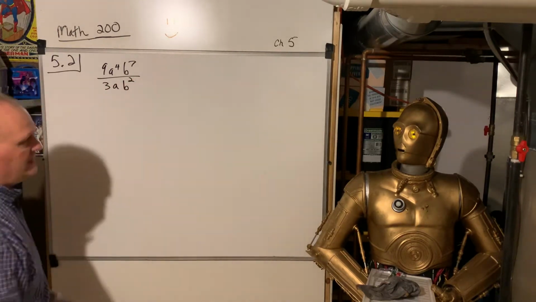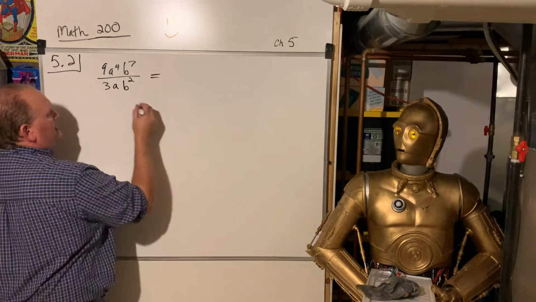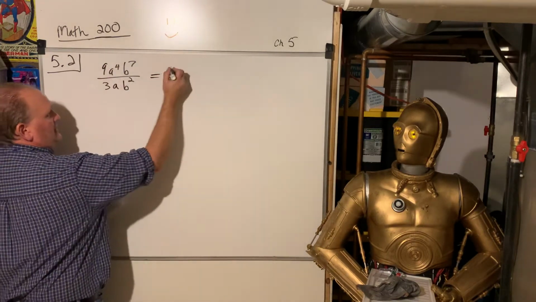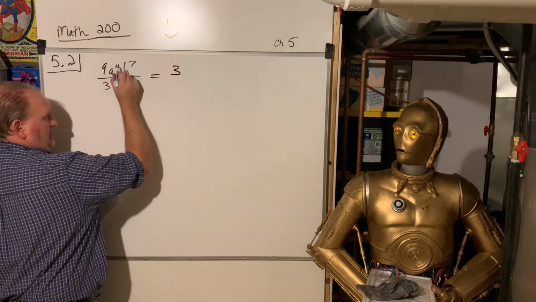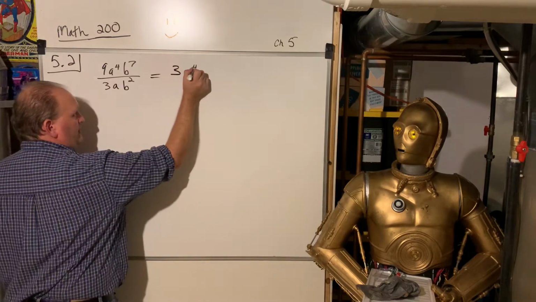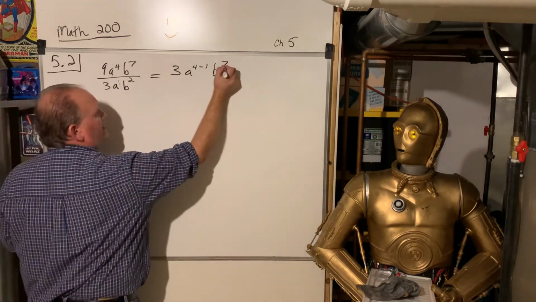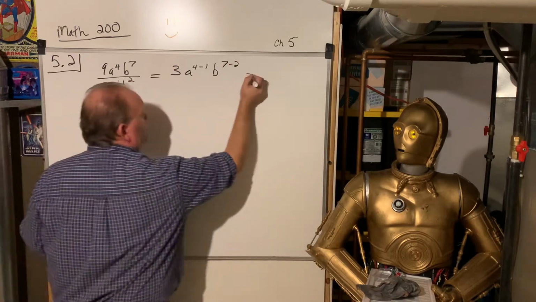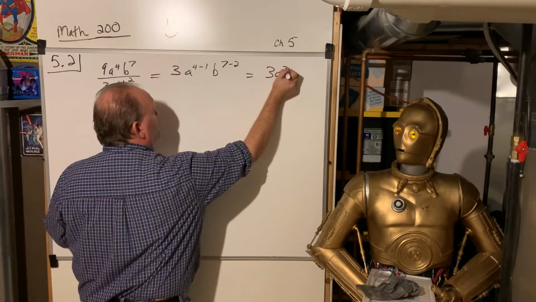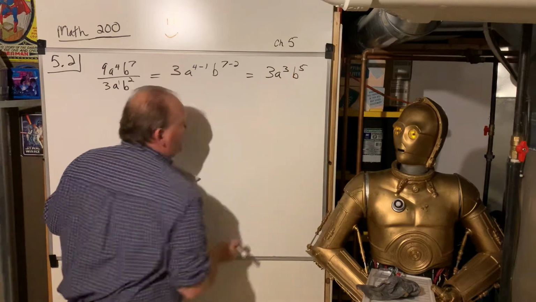Here's the fast way to do this. 9 divided by 3 is 3. A to the 4th minus 1, remember there's a 1 there. B to the 7 minus 2. And then we're done: 3a to the 3rd, b to the 5th. That's the fast way to do it.